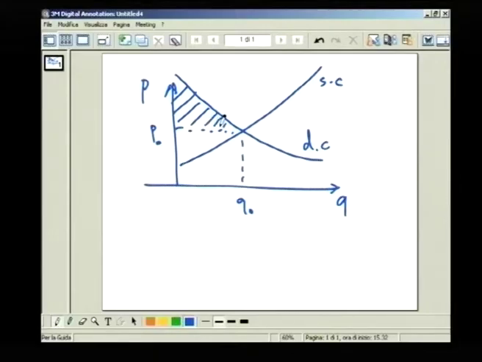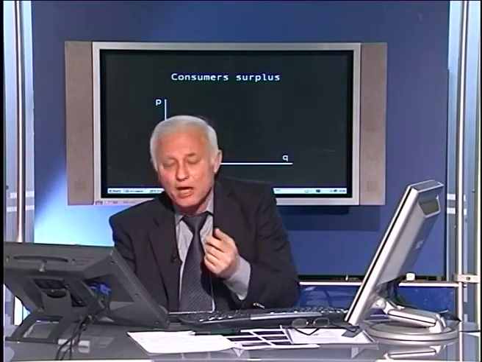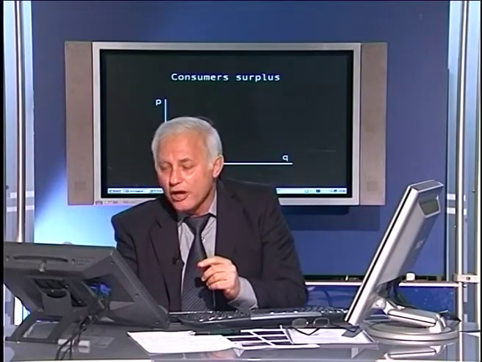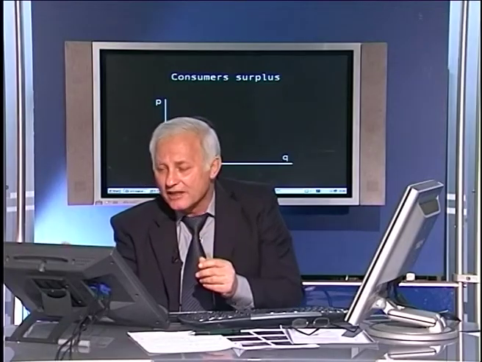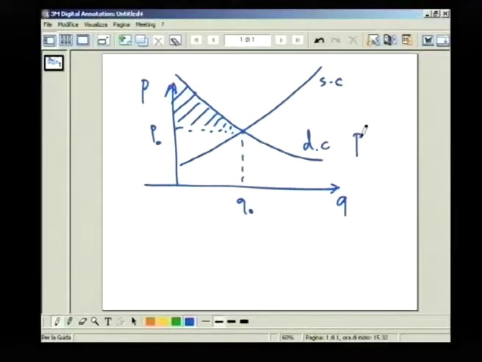Why? Because the consumer actually would benefit, because these consumers are willing to pay more for the goods, yet they are gaining from the fact that they are going to consume their goods at a price P naught, less than the price they are willing to pay. So if you know the relation between P and Q, the price in terms of the quantity, the difference P minus P naught times dq is the difference between the price they are willing to pay and the price they are really paying.